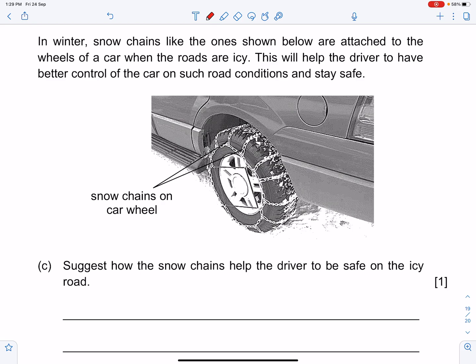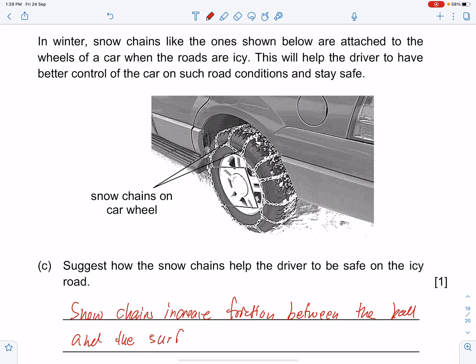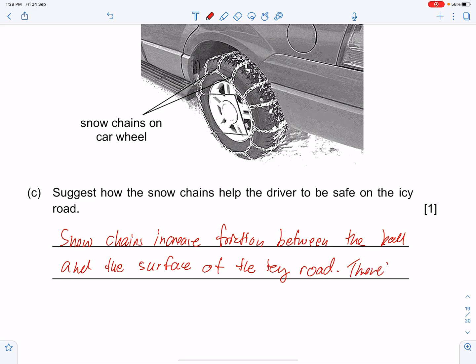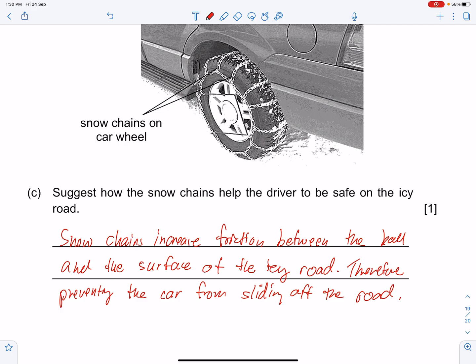So once again, very simply, snow chains increase friction between the tires and the surface of the icy road, therefore preventing the car from sliding off the road. Okay, the last part is actually important because it tells you how it makes it safer.